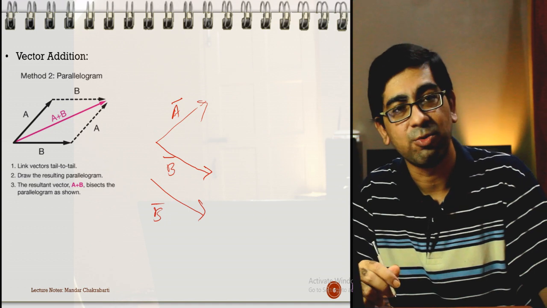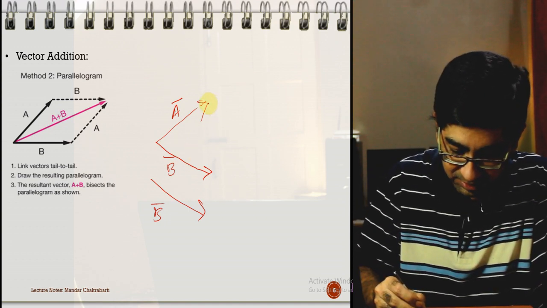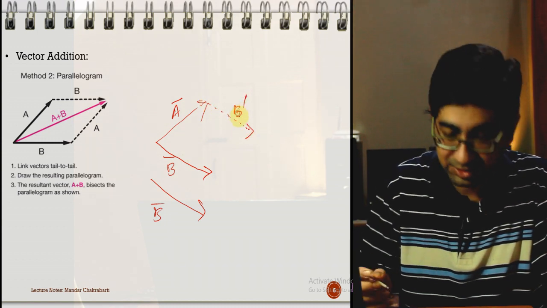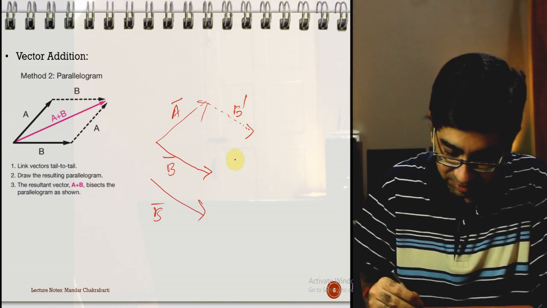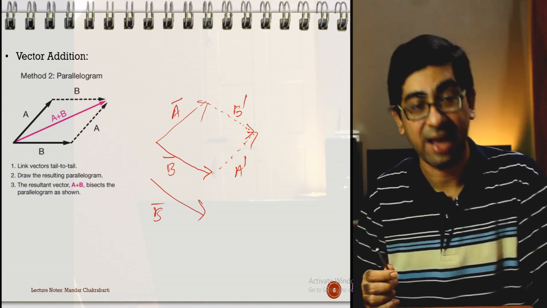And now we have to do a couple more steps. Take another image of B, so what I get is this one, let's call that B dashed, and take another image of A, what I get is this one, let's call that A dashed.